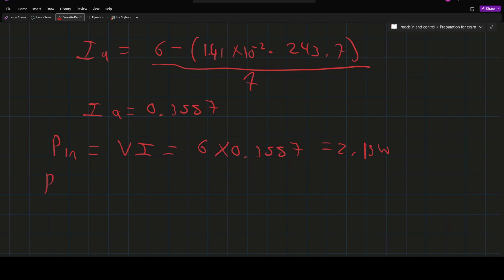And now our mechanical power out, as we have seen before, is just our torque times omega, with the speed at the low torque.